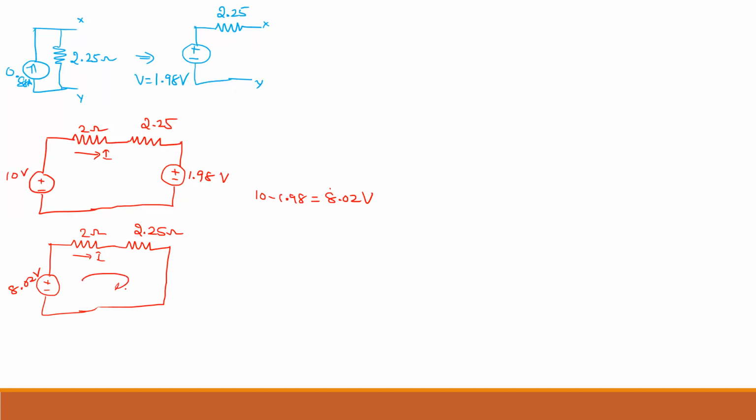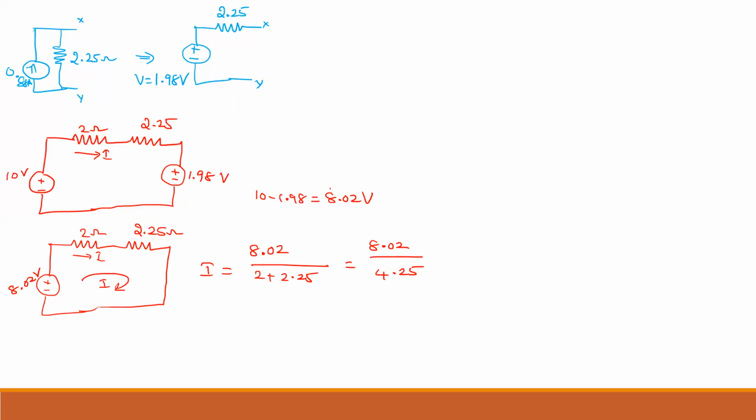Now, if I want to know the current I, it is nothing but total voltage 8.02 divided by total resistance, that is 2 plus 2.25. You will get 8.02 divided by 4.25.